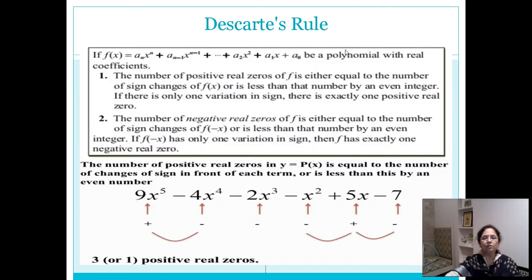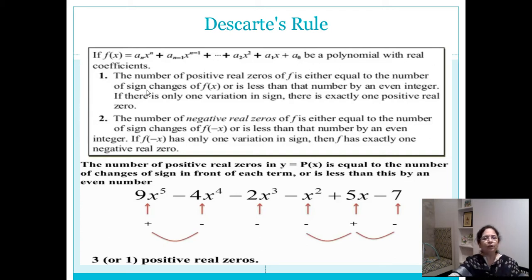Now we can also study Descartes' rule of sign change, which is popularly used. A given polynomial expression f(x) in general form we can write in terms of the coefficients an to a0 and powers of x, so we can take this as an x raised to n plus an-1 x raised to n-1 and so on, when we go towards a1x plus a0.